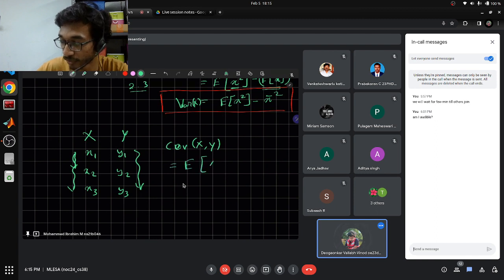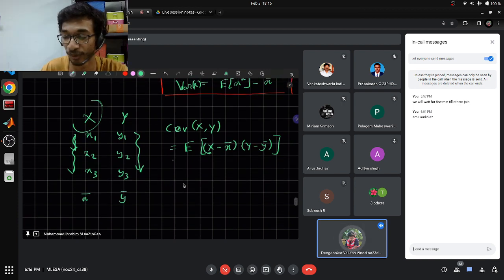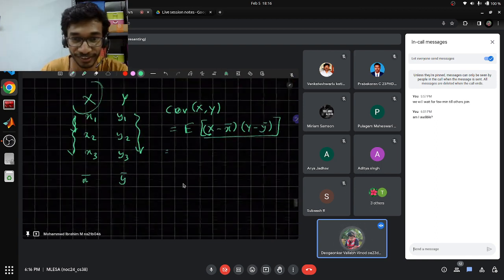the expectation of (x minus x bar), where I am denoting x as the actual x here. This is the random variable x, times (y minus y bar), and x bar and y bar are just the means of those as before. If you want to calculate the expectation of this entire quantity, there are two ways of doing it.